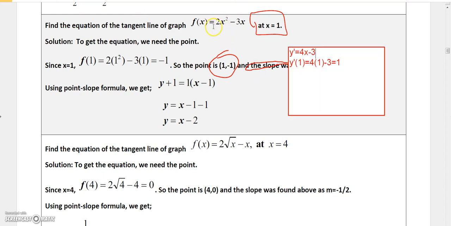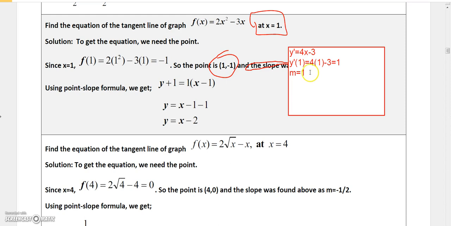So the derivative of this function is 4x minus 3. And since we want to know the equation of the tangent line at x equals 1, all we have to do to find the slope of that tangent line is plug 1 into the derivative. So let's plug 1 into this derivative. So if we plug 1 into this, we get 4 times 1 minus 3, which is 1. So that tells me that the slope is 1.